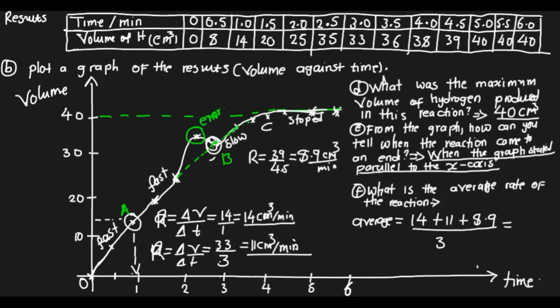I'm getting 33.9 over 3. Now divided by 3, I'm getting 11.3. This is our average. So 11.3 cubic centimeters per minute.